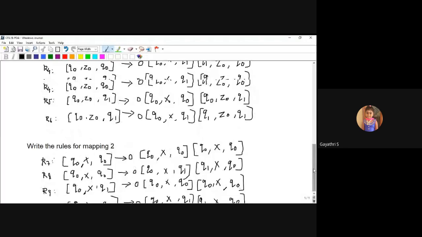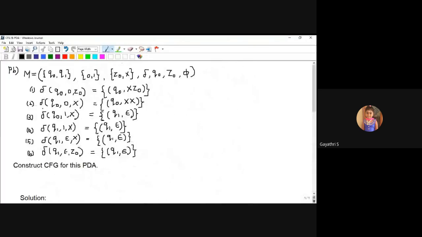So what do you mean by mapping 3? See, here, what is the last portion? Here, the last portion, the rule number 3, which is epsilon. That is no any push operation, right? That is why here epsilon. And in the fourth mapping, which is also the last one, which is epsilon, that is no any push operation on the stack, right. And the fifth mapping also the last element, which is epsilon.